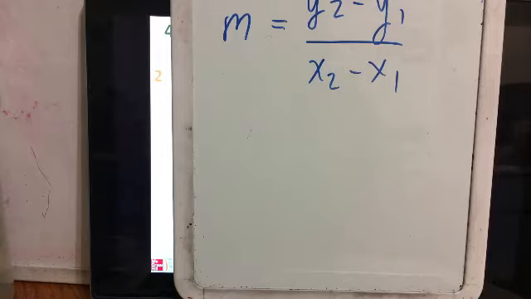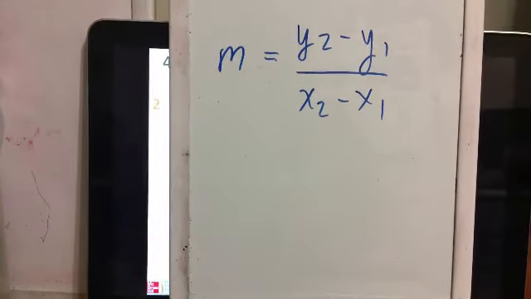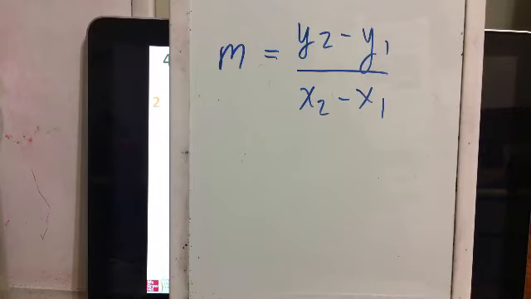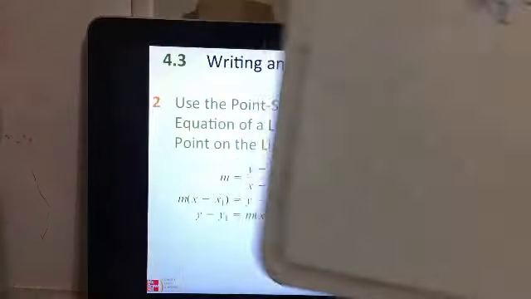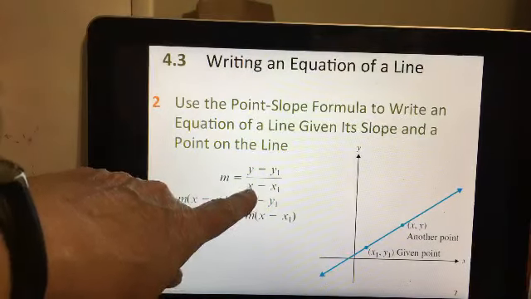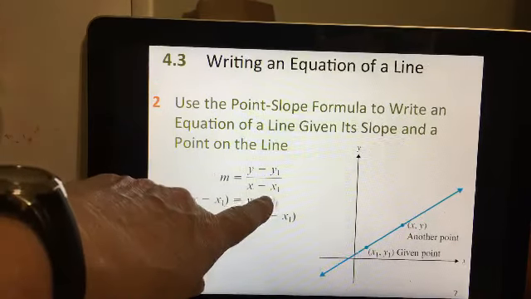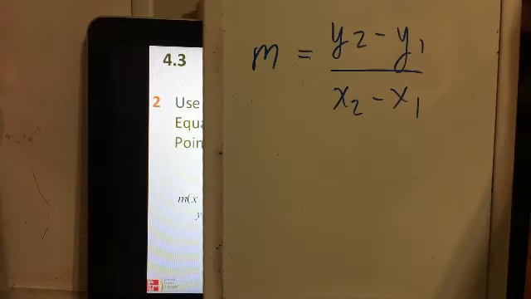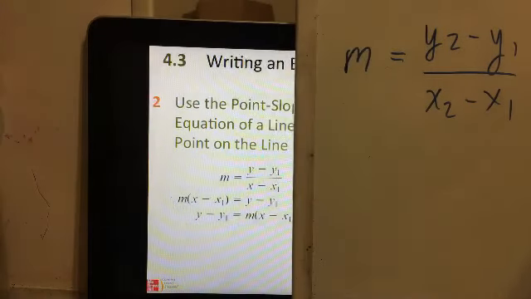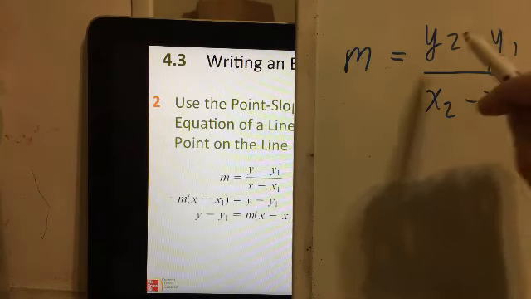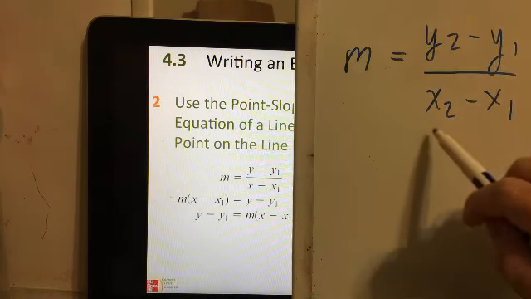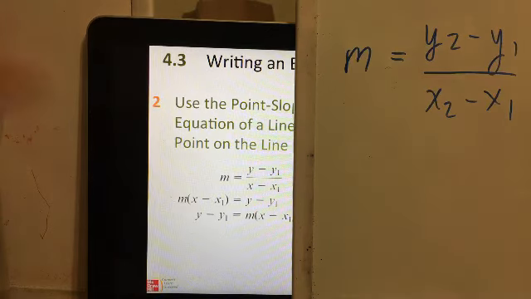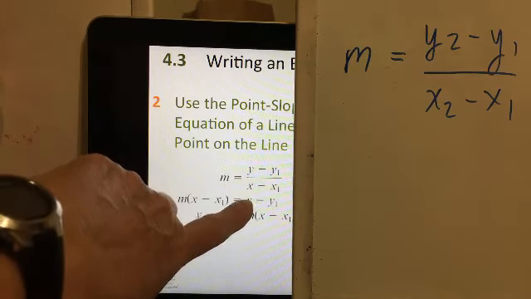Remember, that was 4.2, and that equation was our slope formula. Now look at what we have here. What is different between this equation here and this equation here? Okay, let's put them side by side. Can you see them? All right, so the difference is that this one has a y2 and an x2, and this one just has a y and an x.